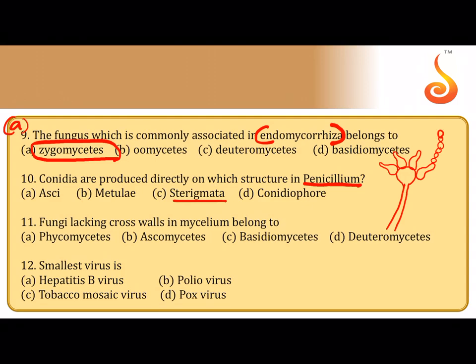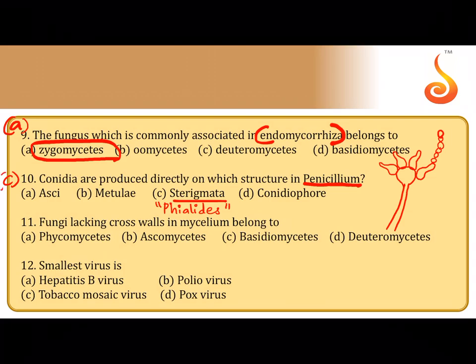So these flask-like structures are called sterigmata, or they're also called the phialides. The phialides or the sterigmata are the structures which bear the conidiospores. So it is the third option.